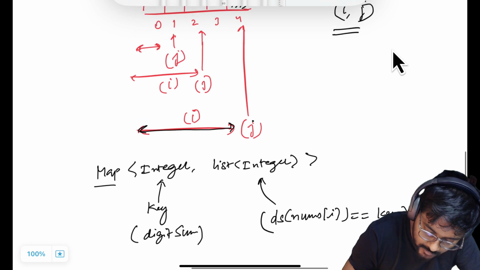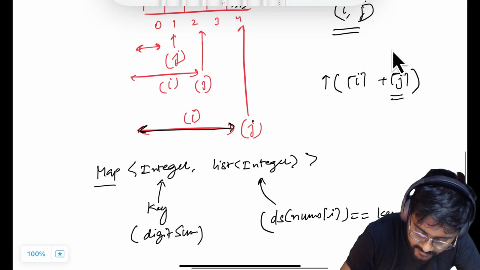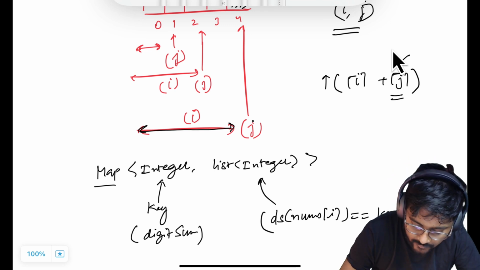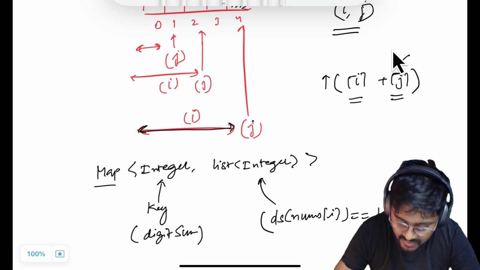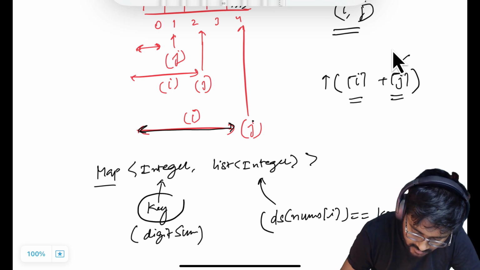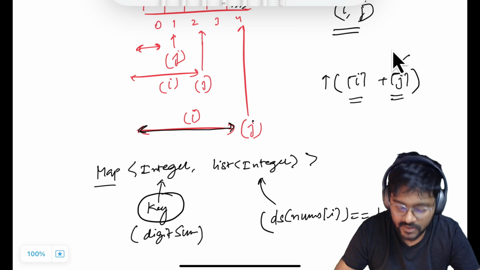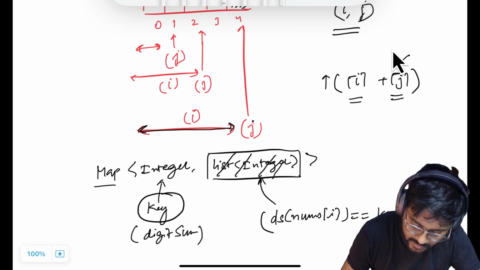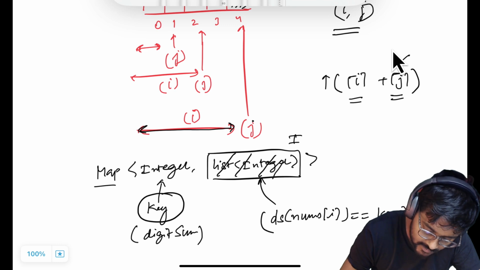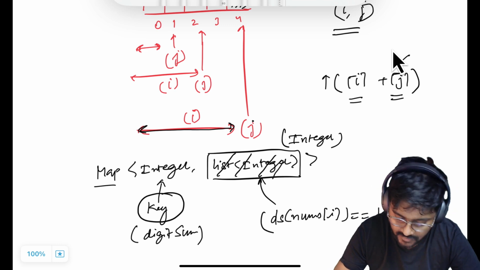And my goal to form the pair is that I have to maximize this value. If I have already fixed j, then what should I choose? The i I will choose is where the digit sum is equal to this key and the value is maximum. Magnitude of that value is maximum. So instead of taking this integer list, I can take an integer which is the maximum integer.